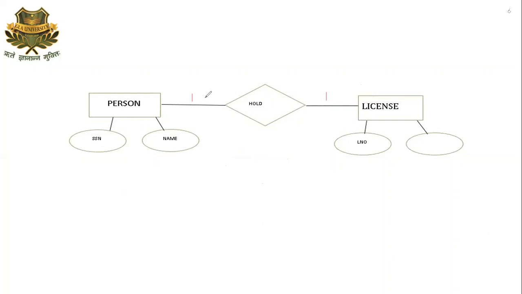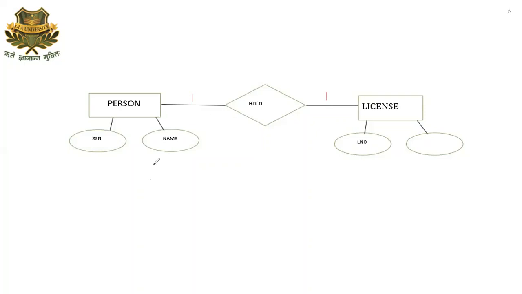It is not possible that one person has two licenses, right? So if the relationship is this kind, 1:1, then you can make a single relation.